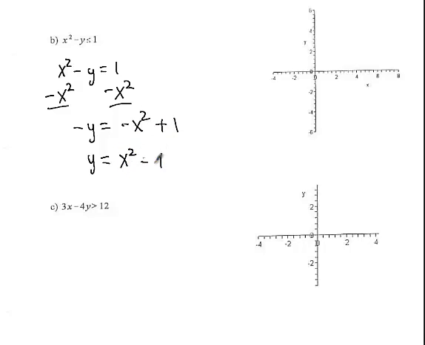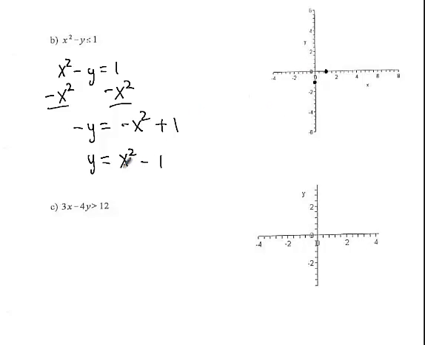So this would become y equals x squared minus 1, and this is just a standard parabola shifted down 1 unit on the y-axis. So we would start our parabola right about here, and then if I put in x equals 1, then I'd get 1 squared minus 1, which would give me this point, 1, 0. And then the same on the left side.